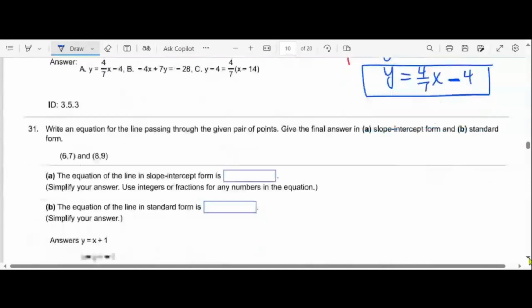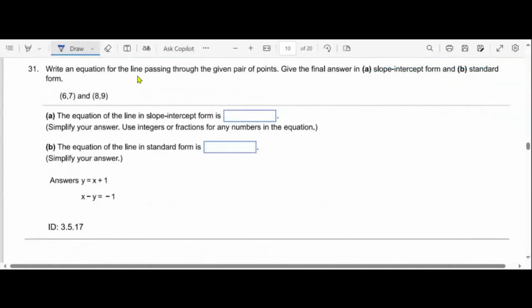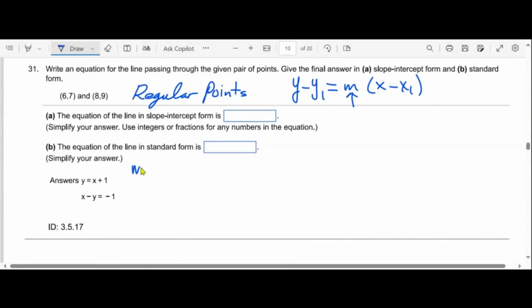Let's go to the next one. Read. Write an equation for the line passing through the given pair of points. Give the final answer in A, slope intercept form, and B, standard form. Now, do we have a point here? Two. Yes. Do we have the slope? No. So can we get the slope? Yes.